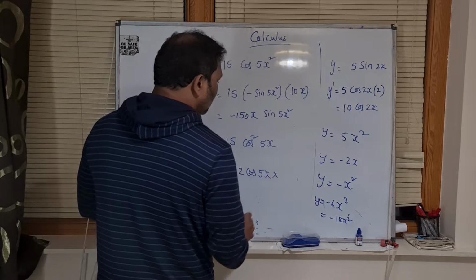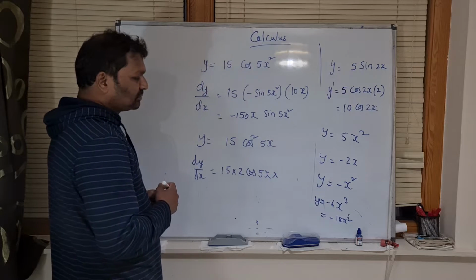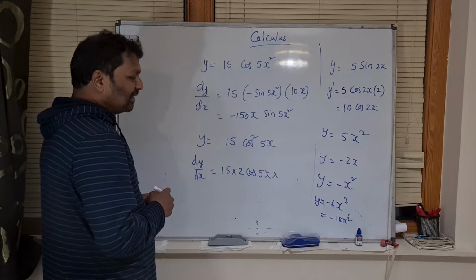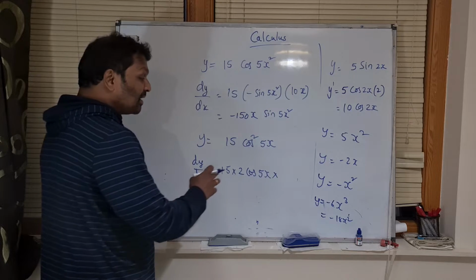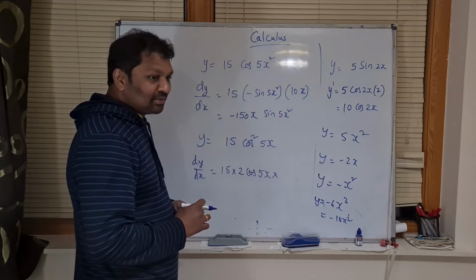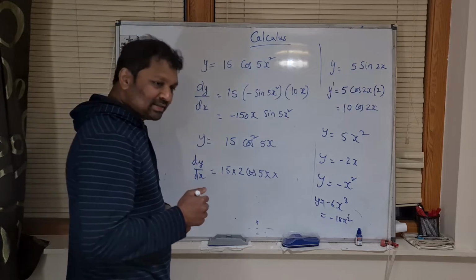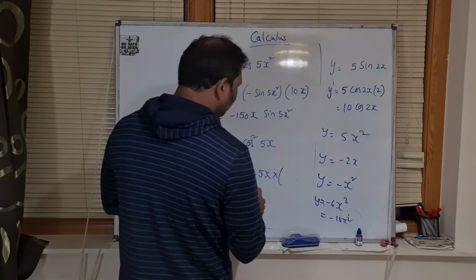And then what do you have? Cos 5x is there, for which the differentiation is minus sine 5x. Cos 5x is the inner function.